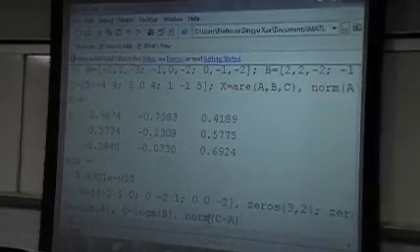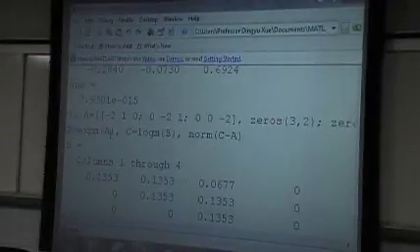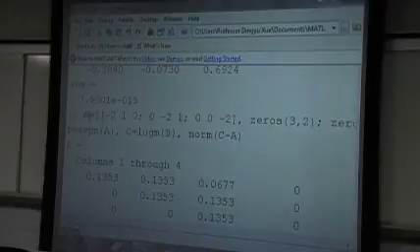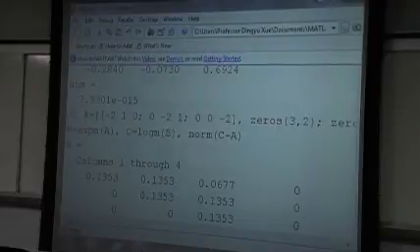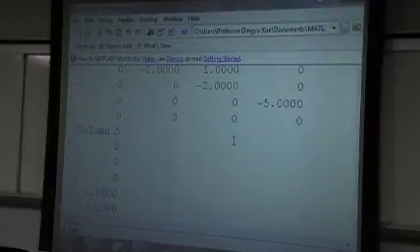First, find the exponential function of A, and then take the log of the result, and it should return A. And we now take the error between these two matrices, A and C. The error should be 0. And so this is the result we get.